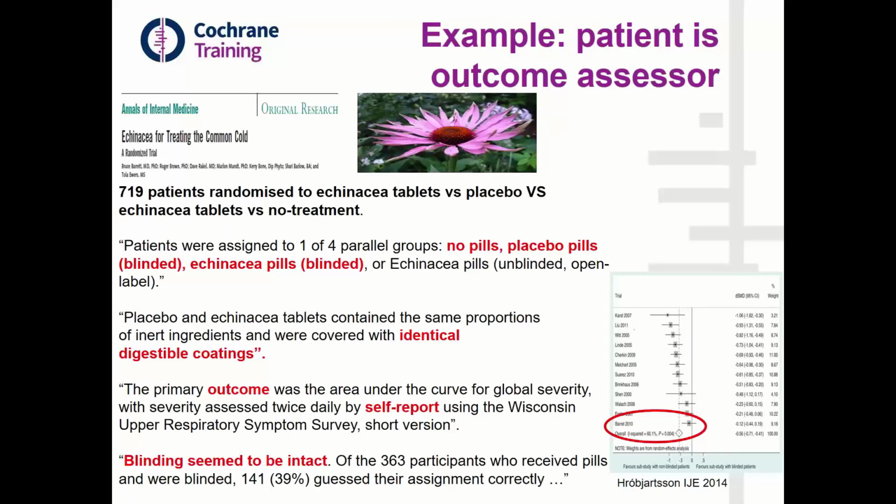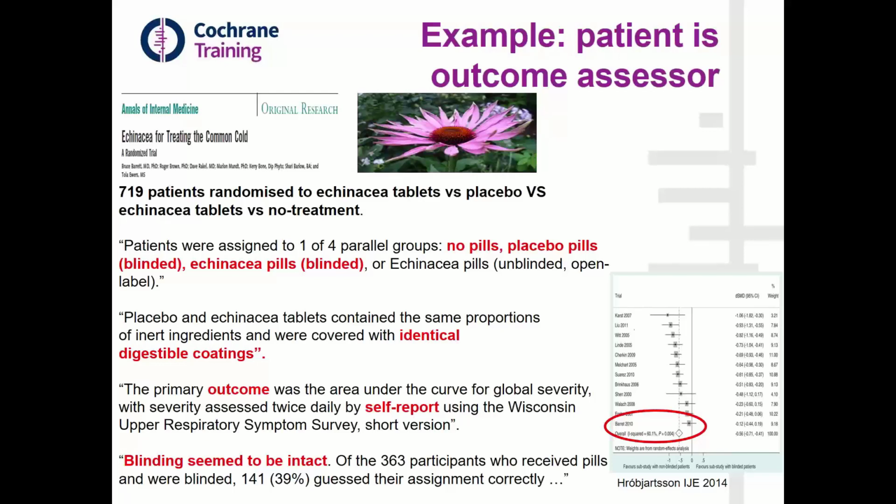Another example in which the patient is the outcome assessor is Barrett's impressive trial in Annals of Internal Medicine with over 700 patients randomized to echinacea tablets or extracts versus placebo. An extract of the nice flower you can see there. They report very nicely that the placebo pills were blinded and echinacea pills also blinded.